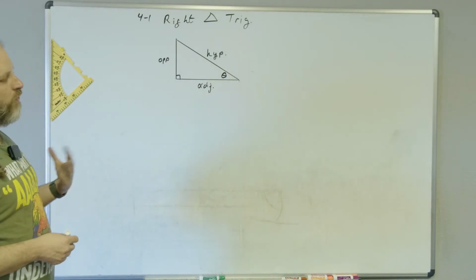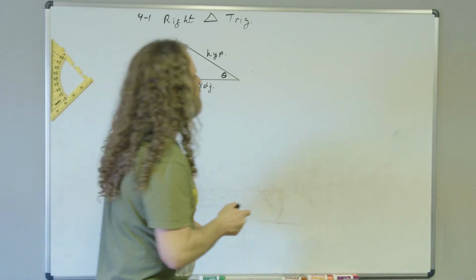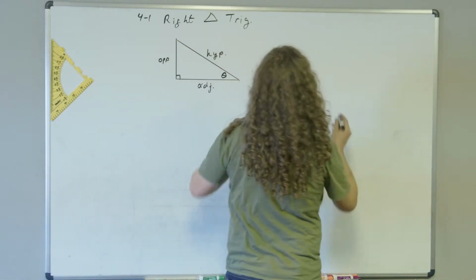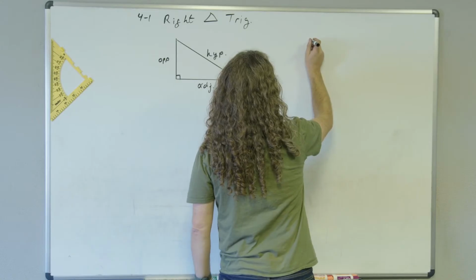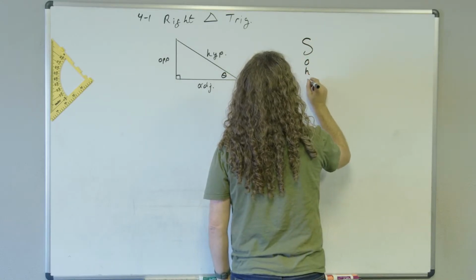So there are 3 relationships, 3 ratios. They are trig ratios. We can remember it with the kind of native-sounding not-word, SOHCAHTOA.